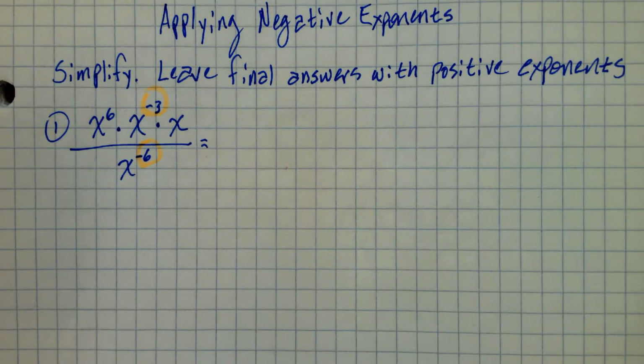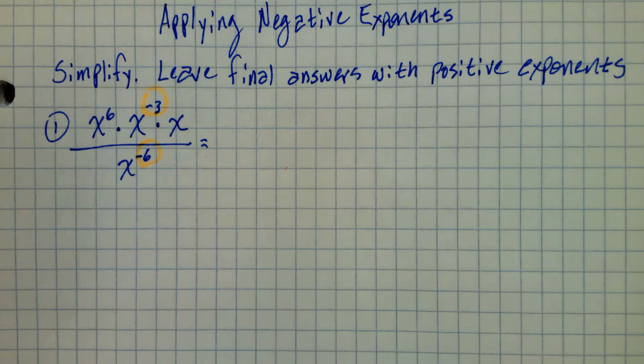That's one way to handle them. The other, if you think about it, is this x to the negative third is not happy in the numerator. This x to the negative 6 is not happy in the denominator. So you flip it. So this can go down, this can go up. Let's rewrite it that way.